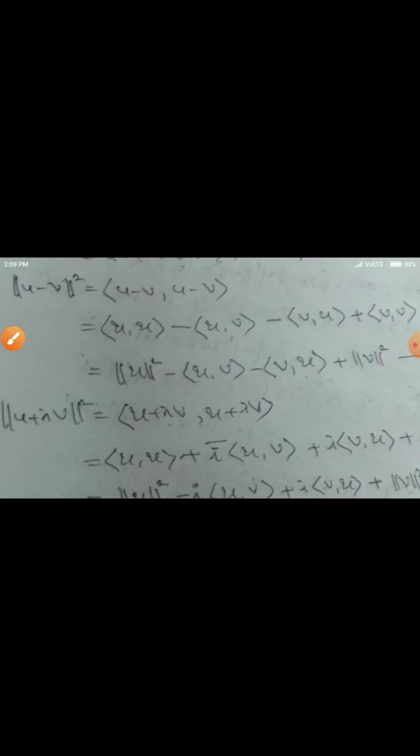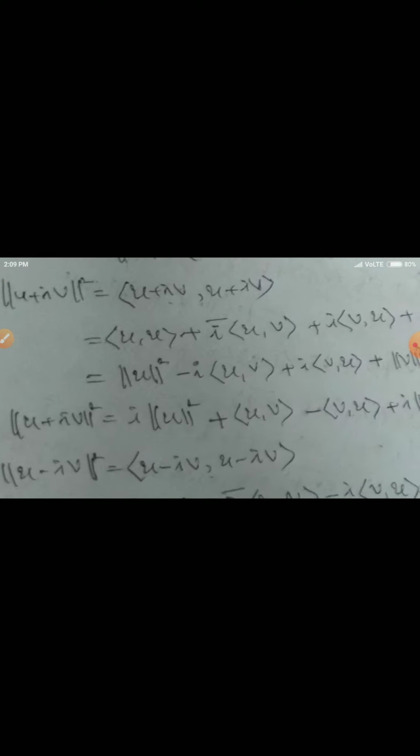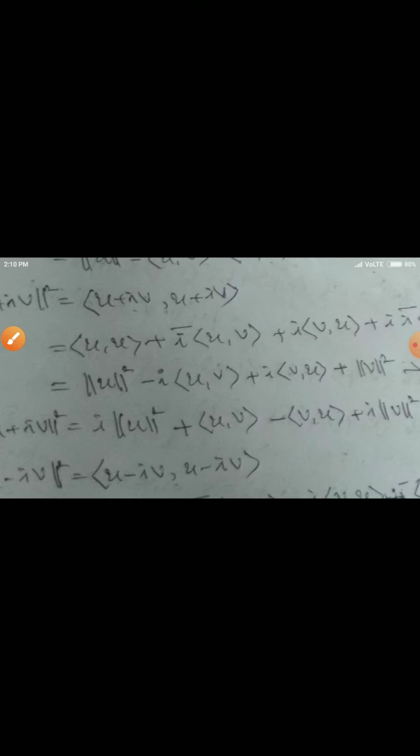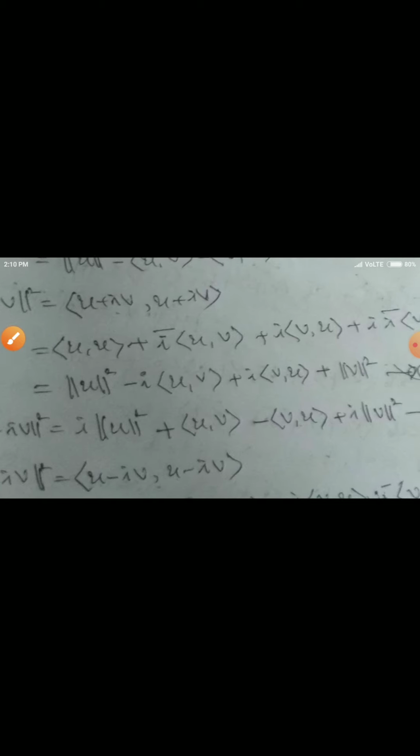Now norm of u plus iv whole square. Norm of u plus iv whole square is nothing but the inner product of u plus iv, u plus iv. So once again what do you get here? Once again u,u; u,iv. Similarly iv,u. Similarly iv,iv. That is nothing but u,u plus i conjugate into uv plus i times vu plus i conjugate vv.